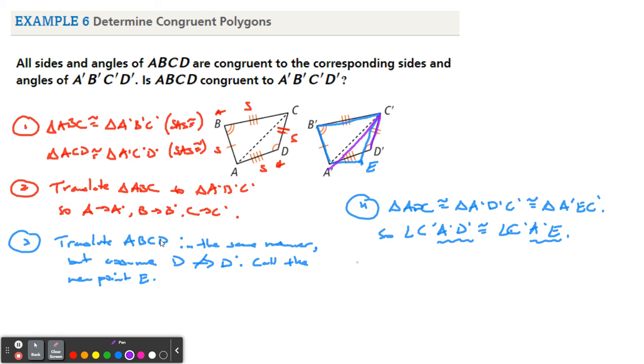So this means that E must lie on segment A prime, D prime.